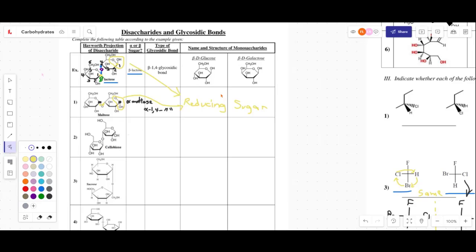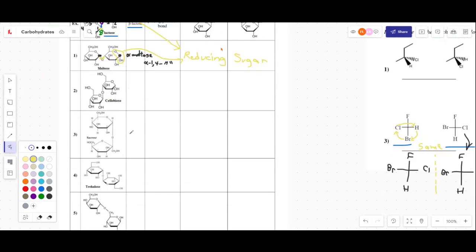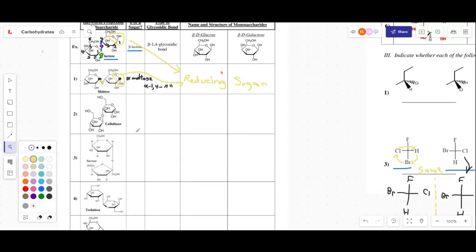Let's take a look at sucrose. First of all, let's identify the anomeric carbons. Can you put your cursor on one of the anomeric carbons for number 3, sucrose? Right there, exactly.